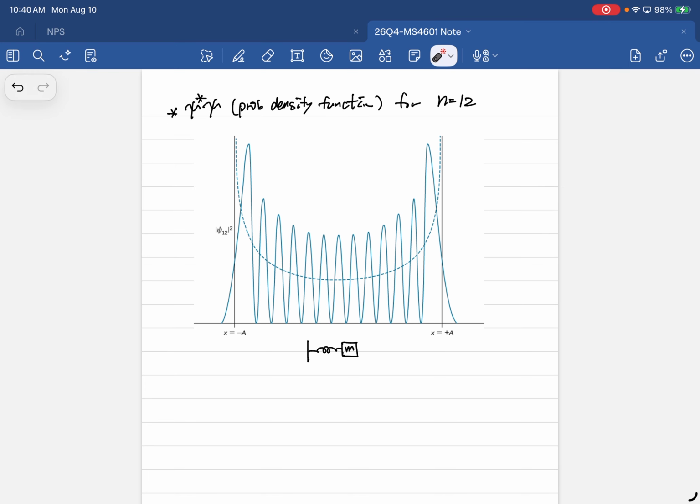And then quantum mechanically, this is the probability density function. So look at this shape. Which area has the highest probability overall? Endpoints, right? The endpoints have the highest probability. So it's similar to the classical approach, similar to classical mechanics here.